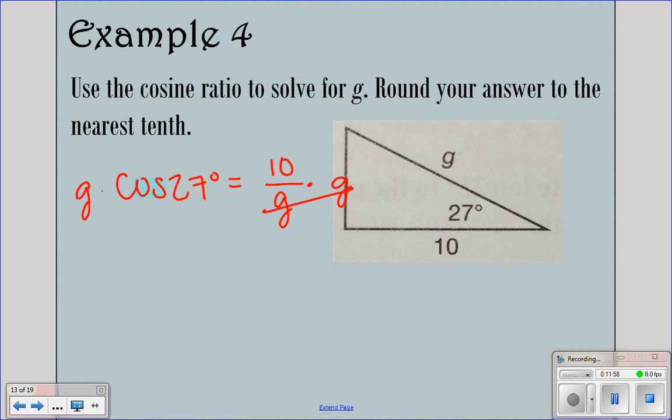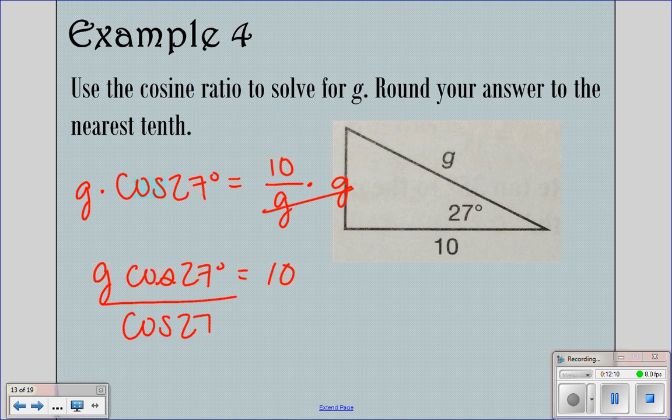And then we have G times cosine of 27 on the left. And that's going to equal 10. So we divide by the cosine of 27. And so we have that G equals 10 divided by cosine of 27.